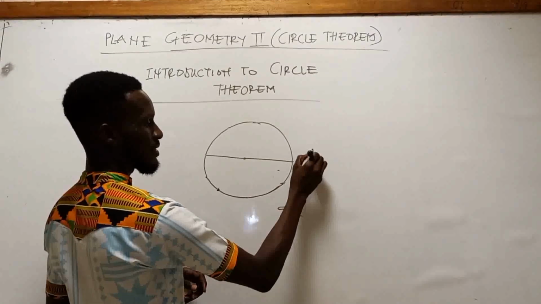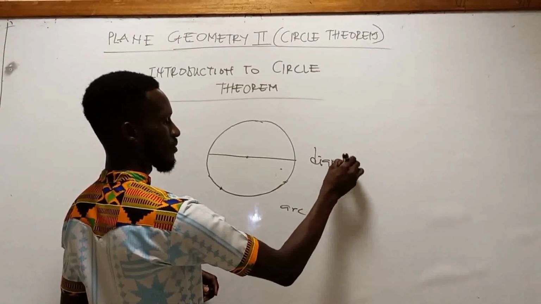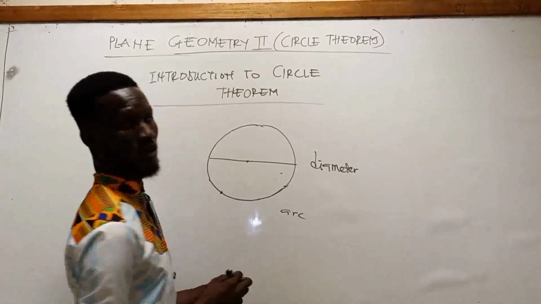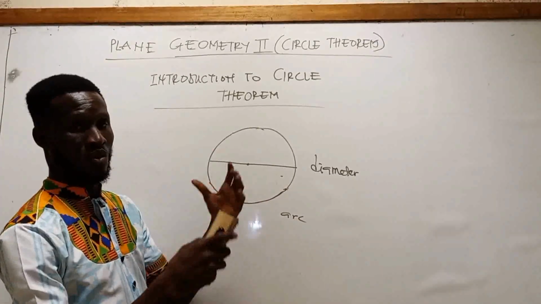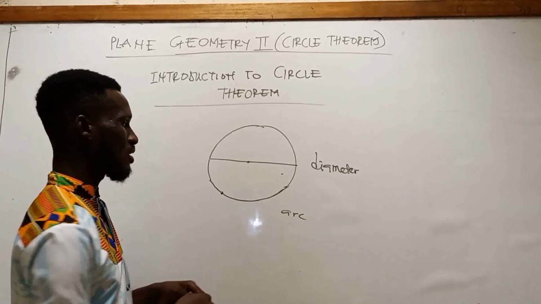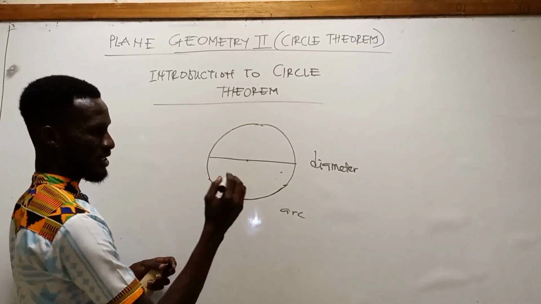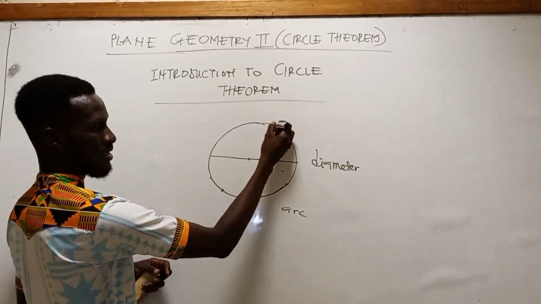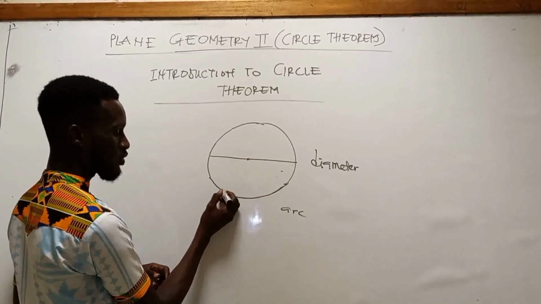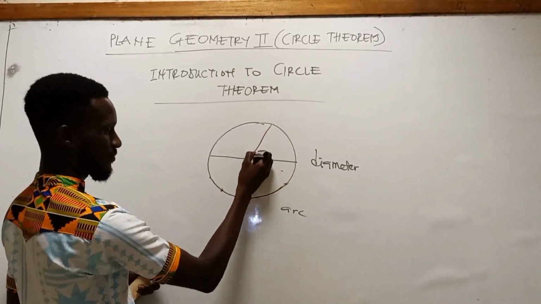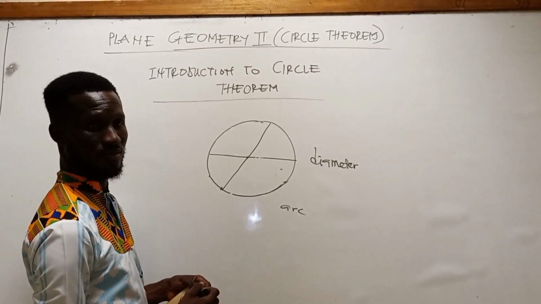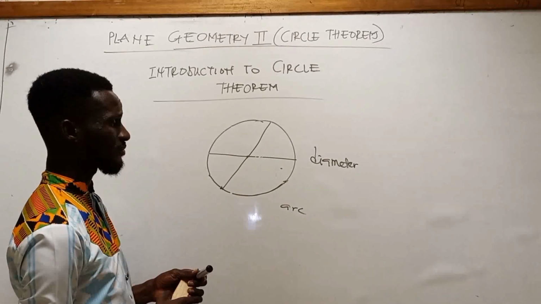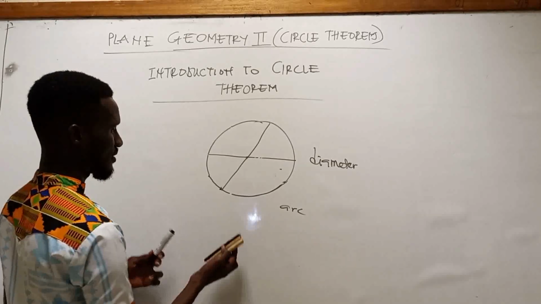It's called the diameter. So the diameter is also a chord that divides the circle into two. We can also draw another straight line from here, which passes through the center up to the circumference. This one is also a diameter. They are all chords.